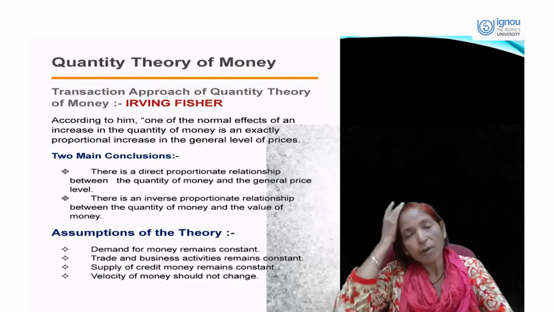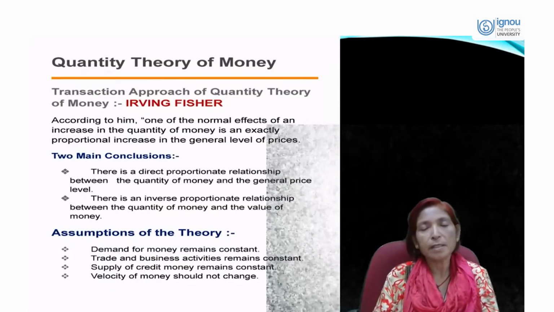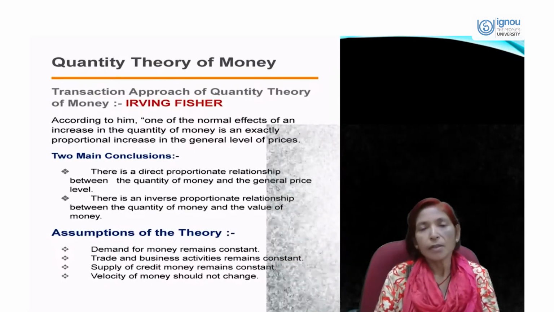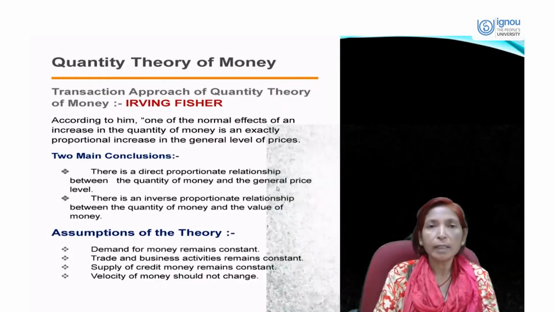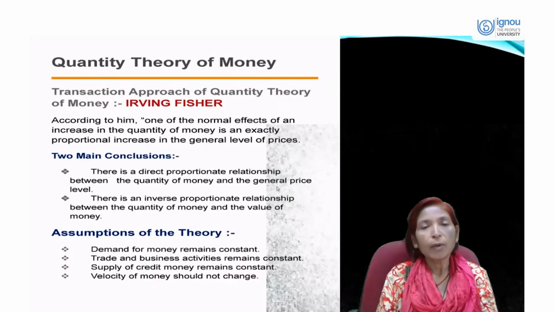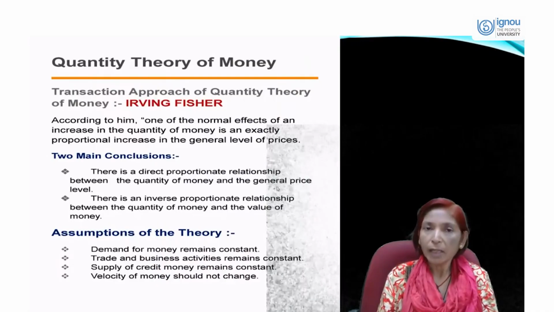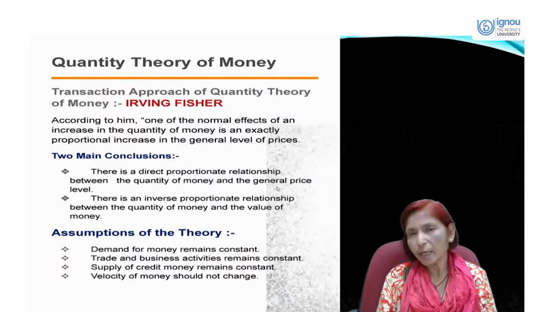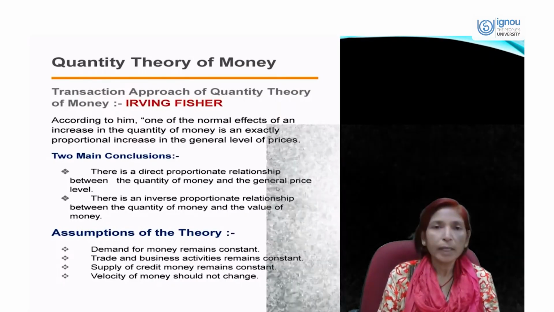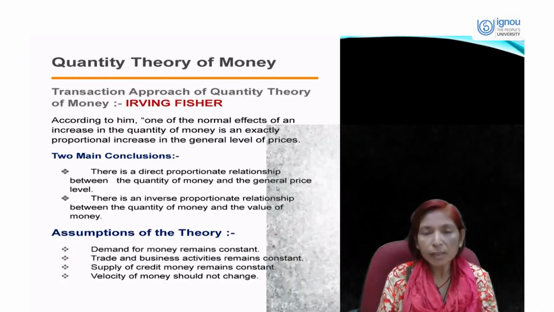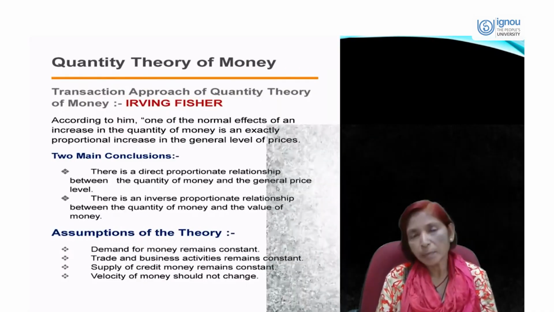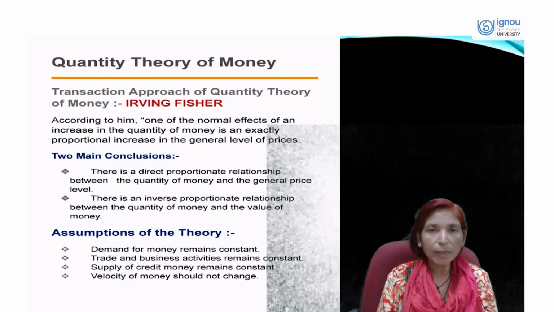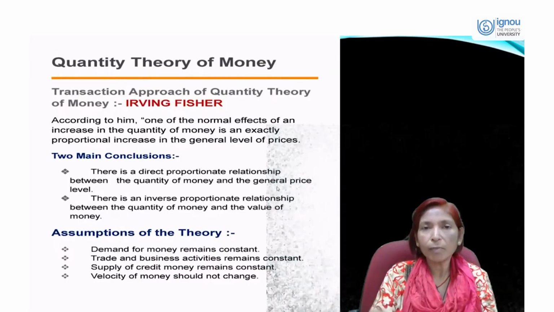Money shifts from one person to another person, to someone else. So money can be circulated in a day 20 times, 50 times, 100 times. So many times money can be transferred from one person to another person. So velocity of money tells us the speed of money.